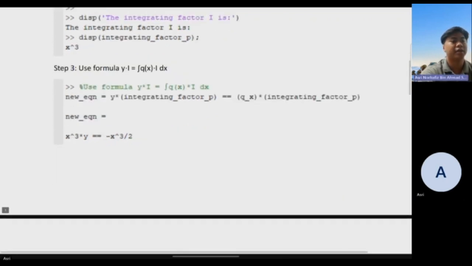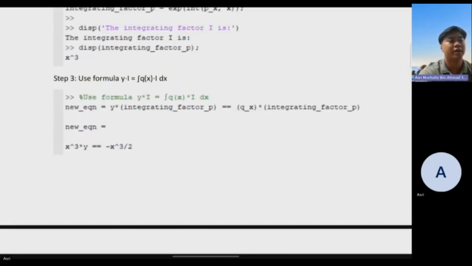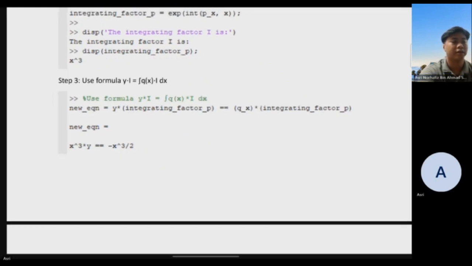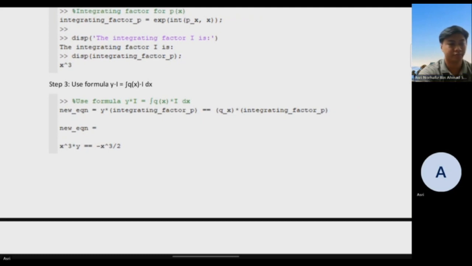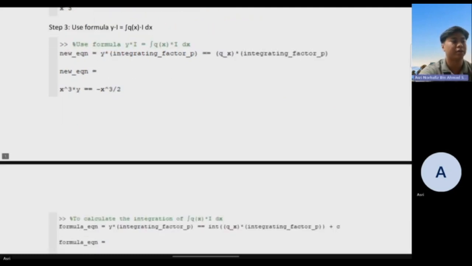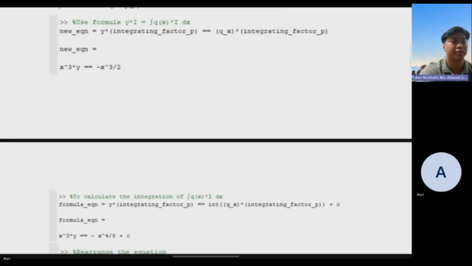Step 3 is to use the formula yI equals the integral of Q(x)I dx. I'm using this formula to get the new equation, and the new equation is x³y equals negative x³ over 2.